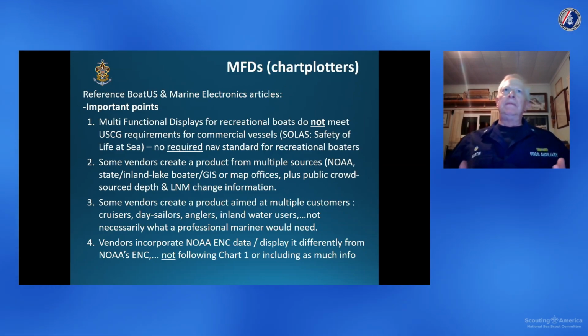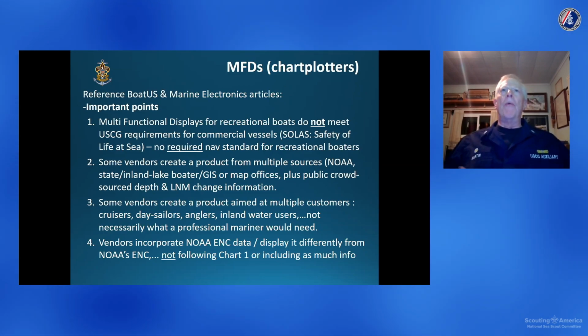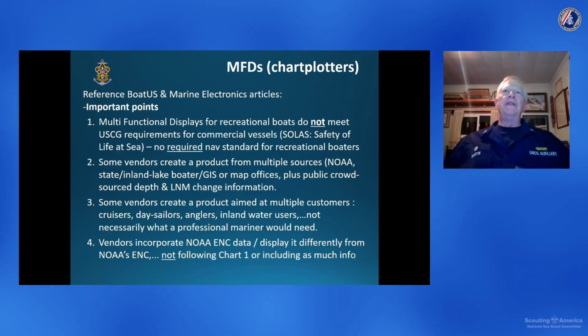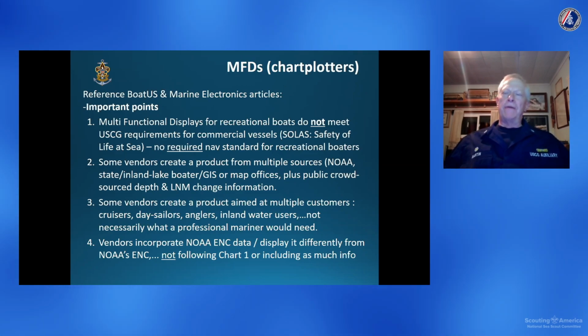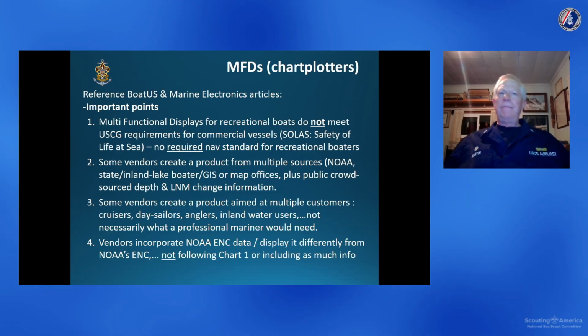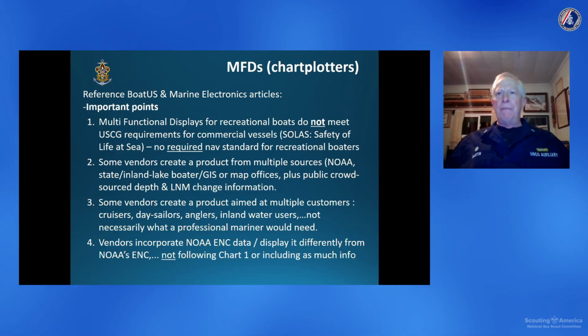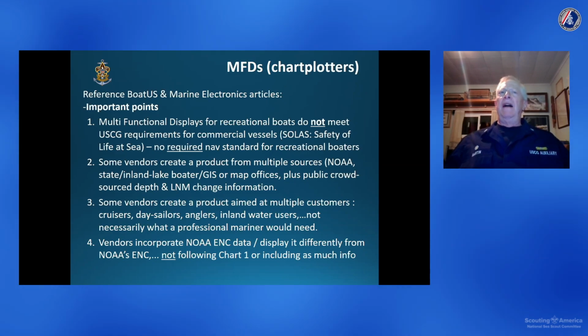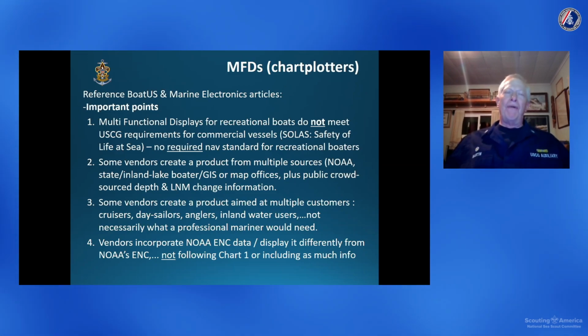So chart number, some of you may be familiar with chart number 1. Chart number 1 is symbols and abbreviations for nautical charts. And it's grown quite a bit with the advent of electronic navigational charts, because there are so many more symbols and symbology and abbreviations that are being used today that were never used before for the paper nautical chart.